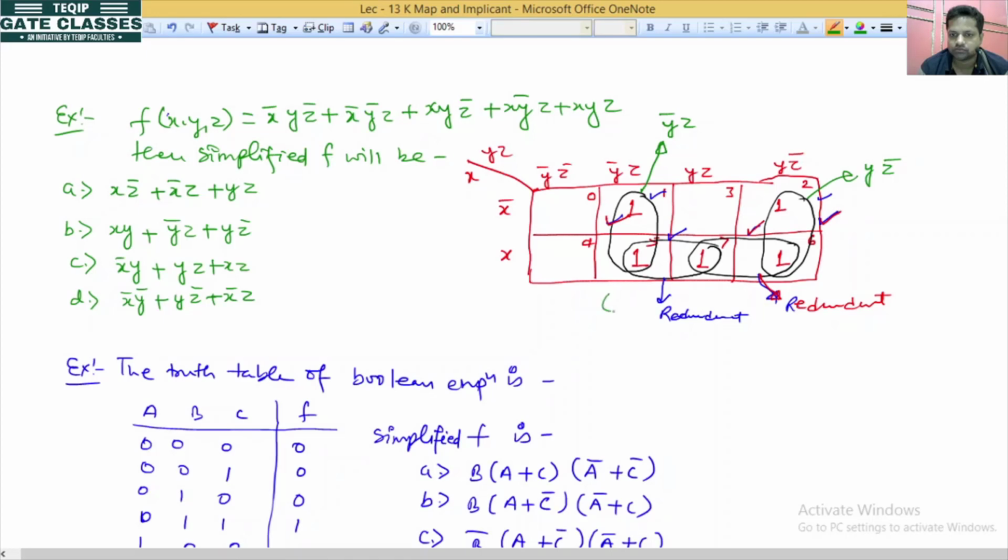Now for this we have x from rows, and it is y bar z and yz, so z is common. Now for this, from here we have x, and from above we have yz and yz bar, so y is common.